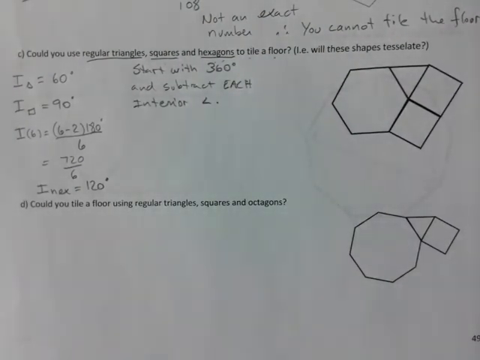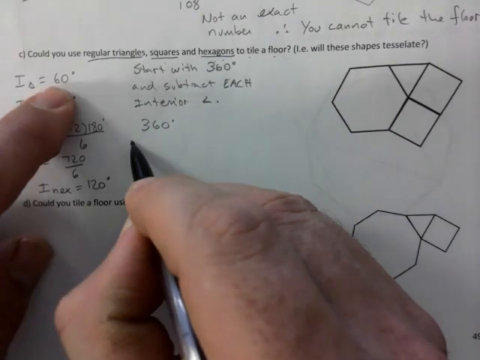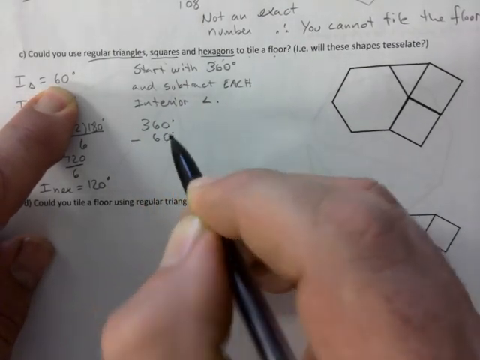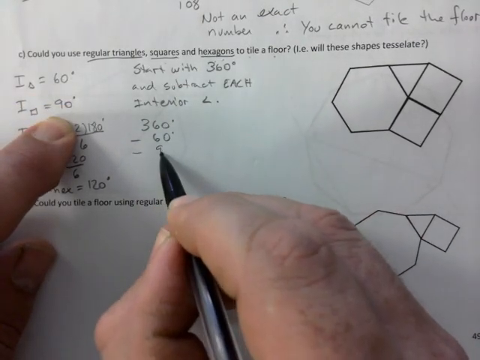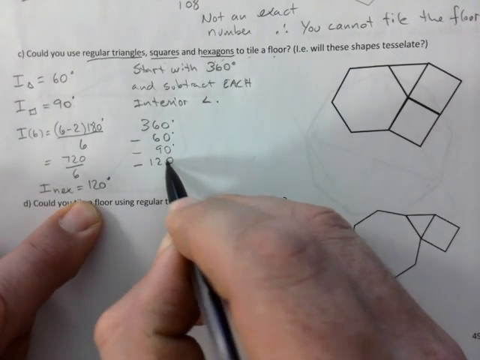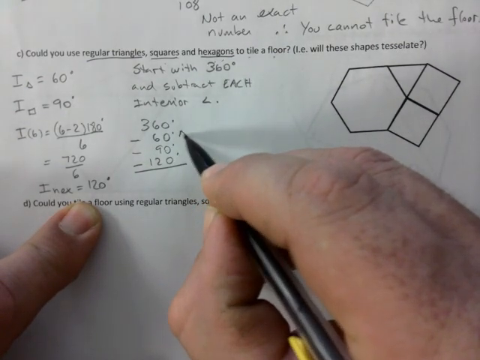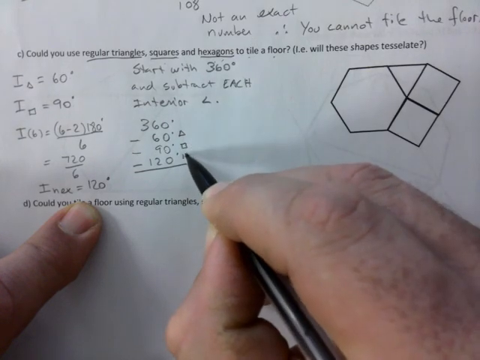Start with 360 and then subtract each interior angle. So we go 360 and I will go minus 60 because I want to use a triangle, I want to use a square, and I want to use a hexagon for sure. So I will just say triangle, square, hexagon.